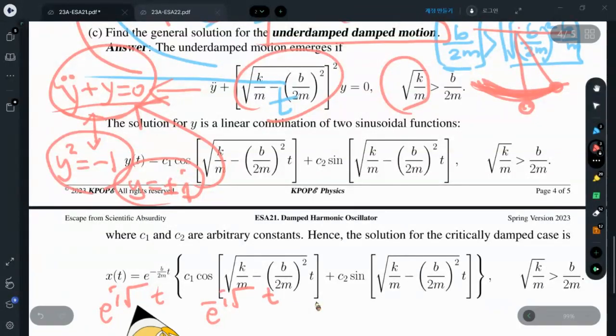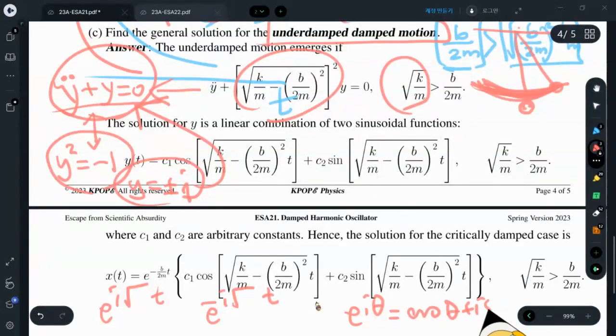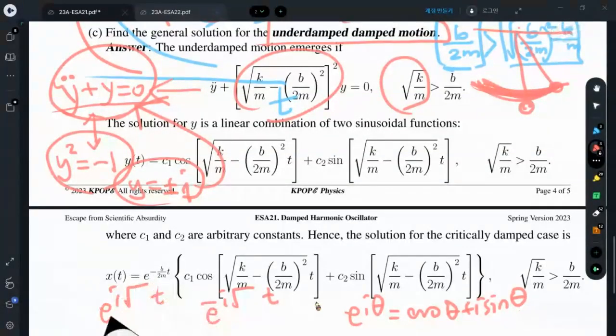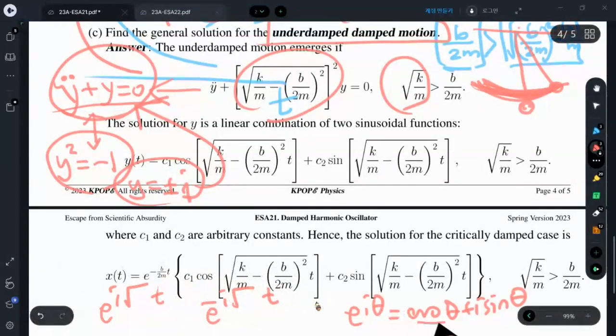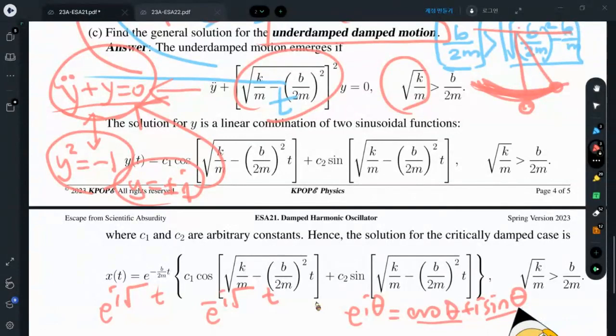And we already learned that exponential i theta, Euler told us, is cosine theta plus i sine theta, and plus or minus exponential i something is equivalent to a linear combination of cosine and sine.